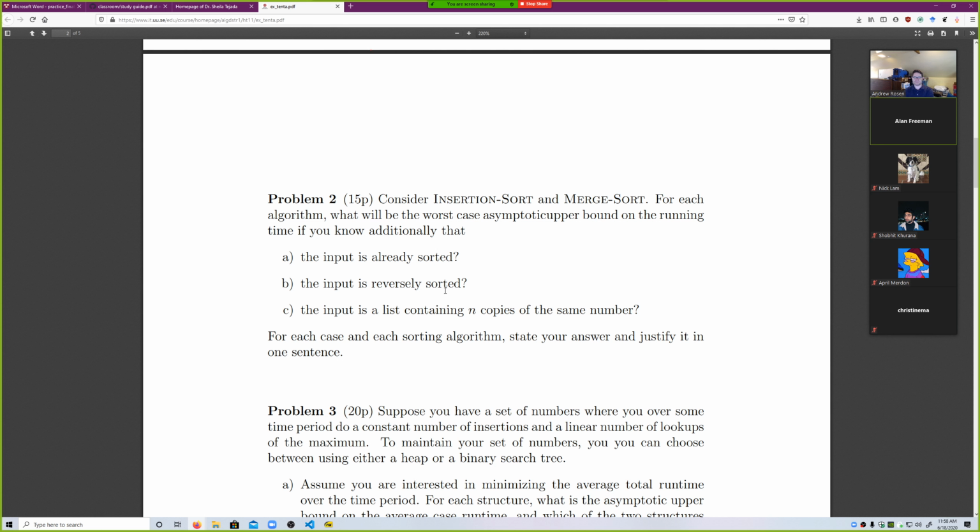For each algorithm, what is the worst case asymptotic upper bound on the running time if you know additionally that A, the input is sorted, B, it's reversely sorted, and C, the list of size n has n copies of the same number. For each case in each sorting algorithm, state your answer and justify it with one sentence.